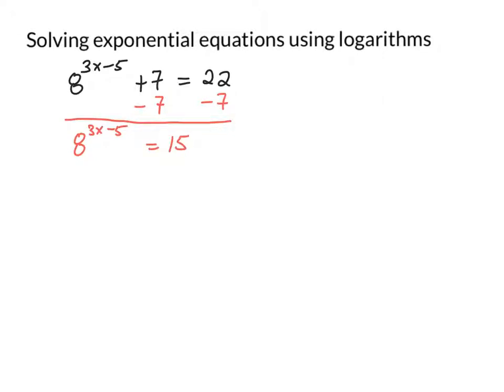This is a great first step because now I have my exponential equation on one side and just a number on the other. The same problem that I had with the last example is that I have this x up here in the exponent, but I don't know how to get to it. So I need the help of the logarithm.